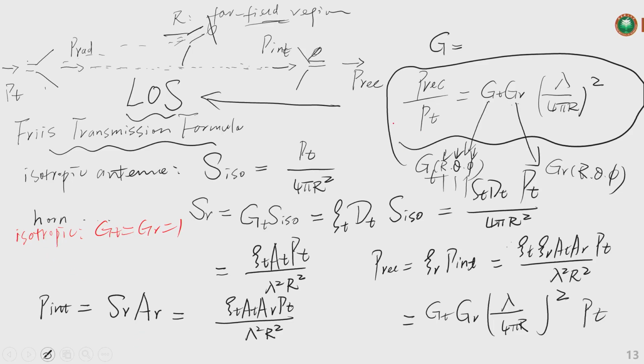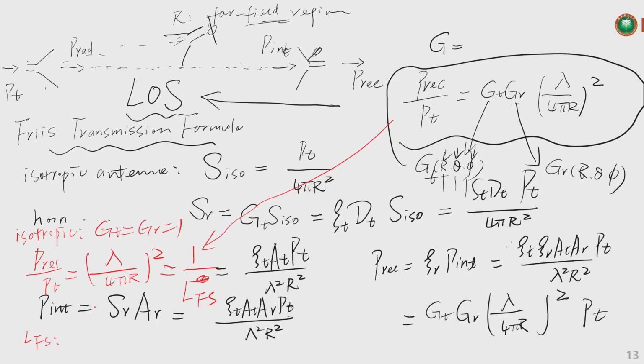So this equation comes to here: the received power divided by the transmitted power equals lambda over 4 pi r squared, and we define it as 1 over L_FS. L_FS means the free space loss.